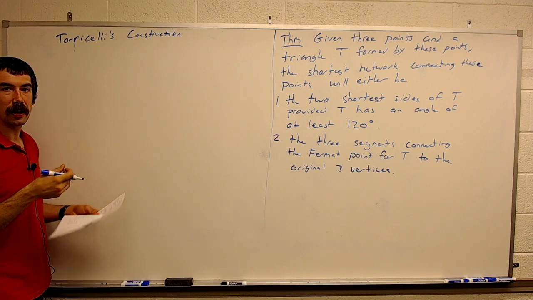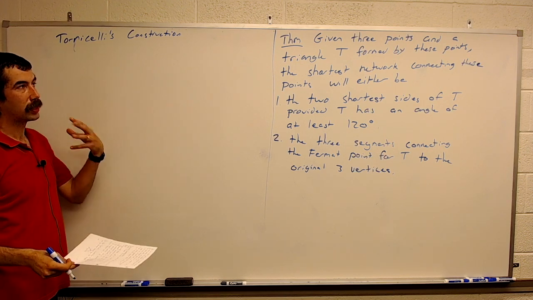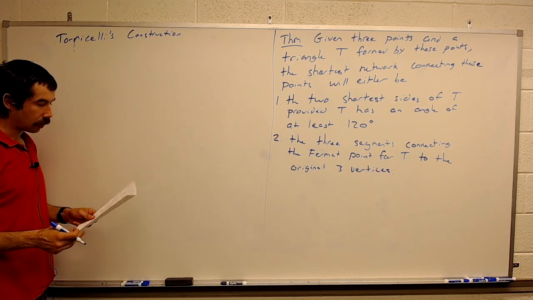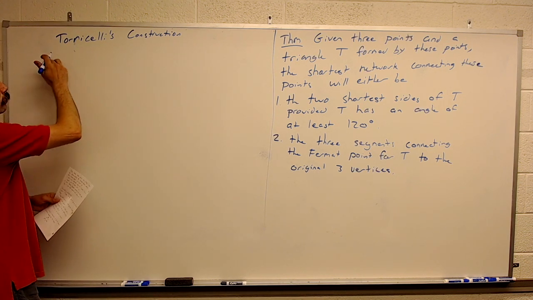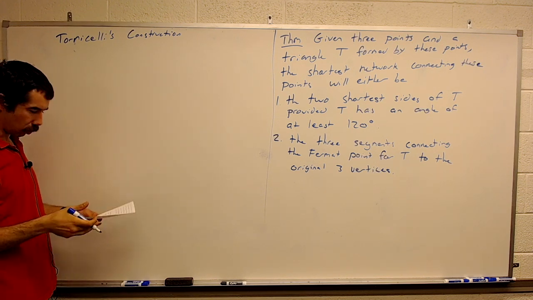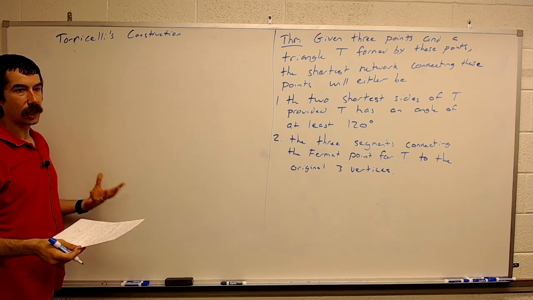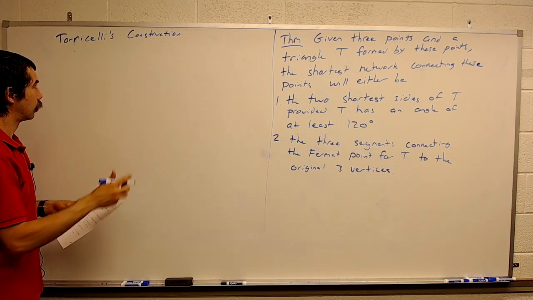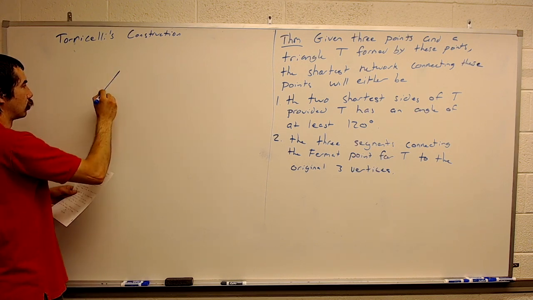This is going to be our way of finding Fermat points, and then we're going to use these Fermat points to get shortest networks. To use Torricelli's construction, we need a triangle where each angle is less than 120 degrees. So suppose this is our triangle.